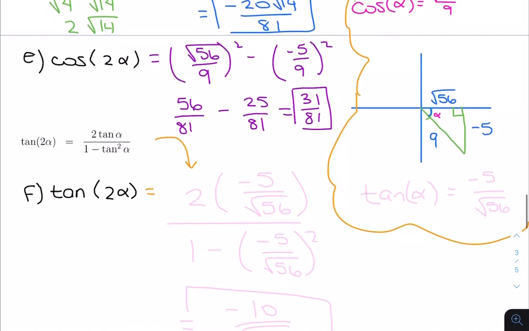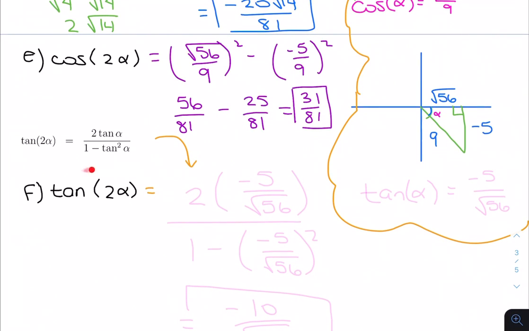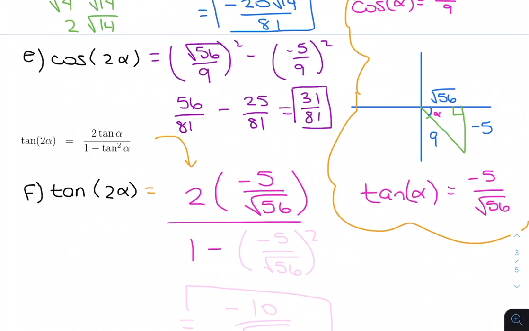For tangent, we actually have to find what tangent is. So if we look at our triangle, tangent of alpha is actually just opposite over adjacent. So our opposite side is negative 5 over the square root of 56. So if we plug this all in, we would get 2 times negative 5 over the square root of 56, all over 1 minus negative 5 over the square root of 56 squared.